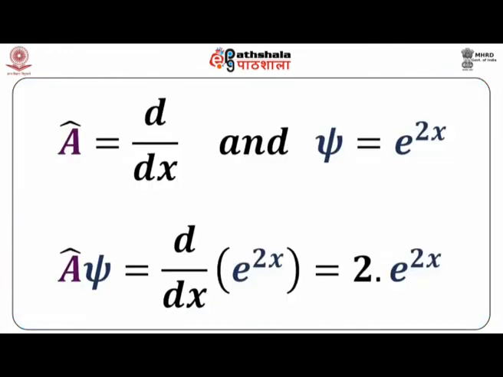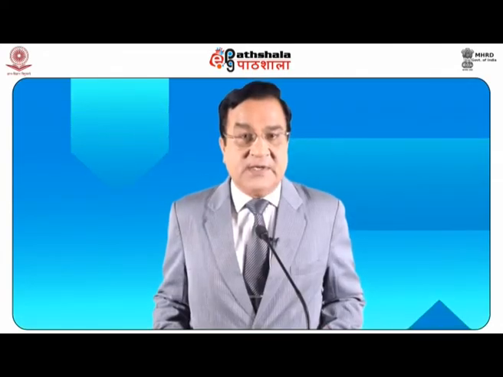Let's take example 4, which is shown here. Here the operator is d by dx, but the corresponding function is an exponential function, e to the power 2x. Again the eigenvalue equation is satisfied. The function e to the power 2x is reproduced with a constant value of 2. So this is clear.